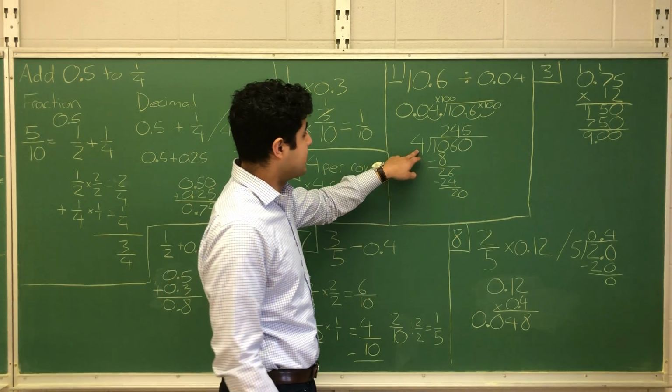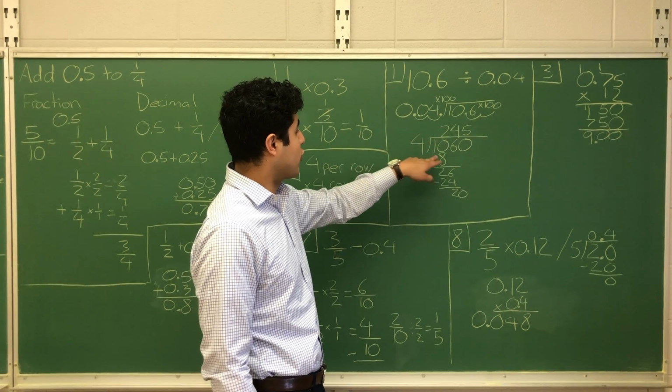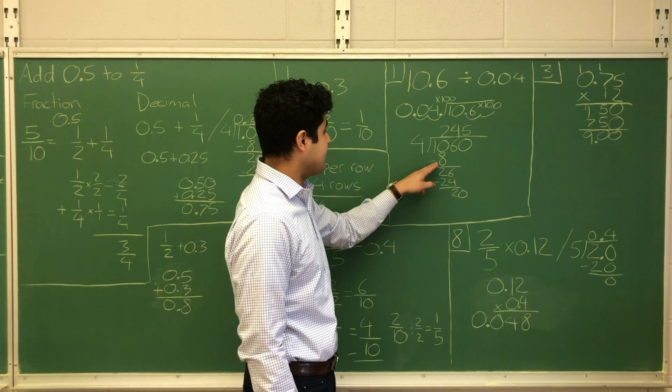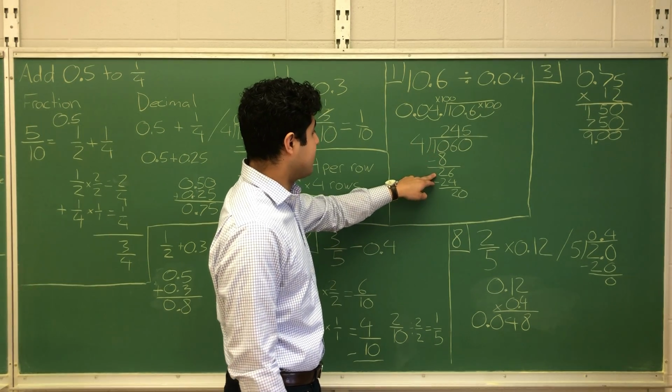So first I see how many times does 4 go into 1? It doesn't. How many times does 4 go into 10? 2 times. 2 times 4 is 8. So I subtract it. 10 minus 8 is 2. Bring down the 6. Now how many times does 4 go into 26 evenly?